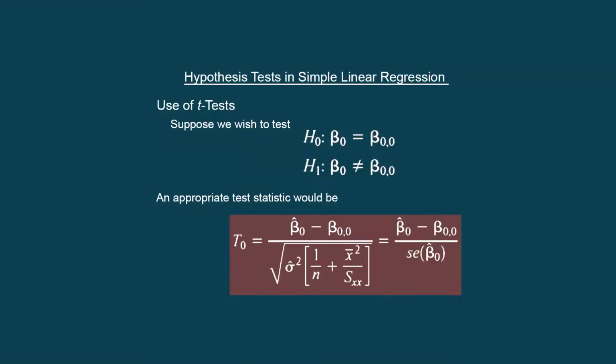From the sample, we get this formula as the standard error of beta hat 0, and thereby we go for the intercept coefficient. So the intercept coefficient testing is done with this formula, and here we go for the intercept testing for the alpha hat. Similarly for beta 0, which is the intercept term, and beta 1, which is the slope term, in both cases we can use the same testing procedure.